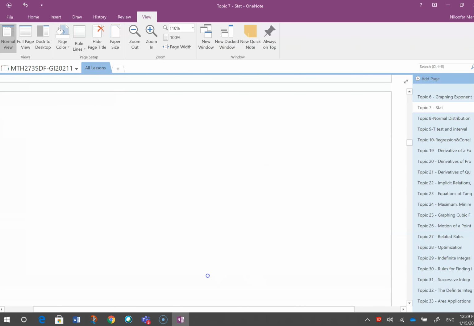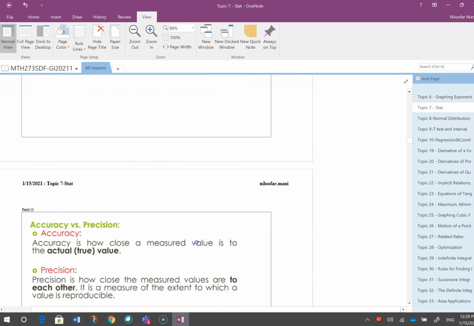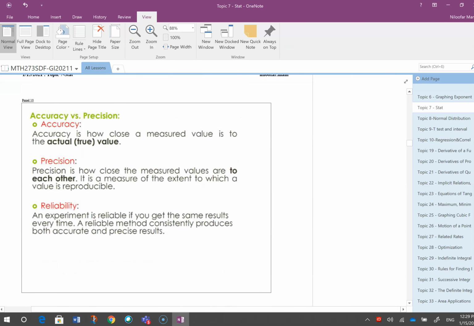Let me see if I zoom. Okay, now we want to talk about accuracy, precision, and whether the data is reliable.